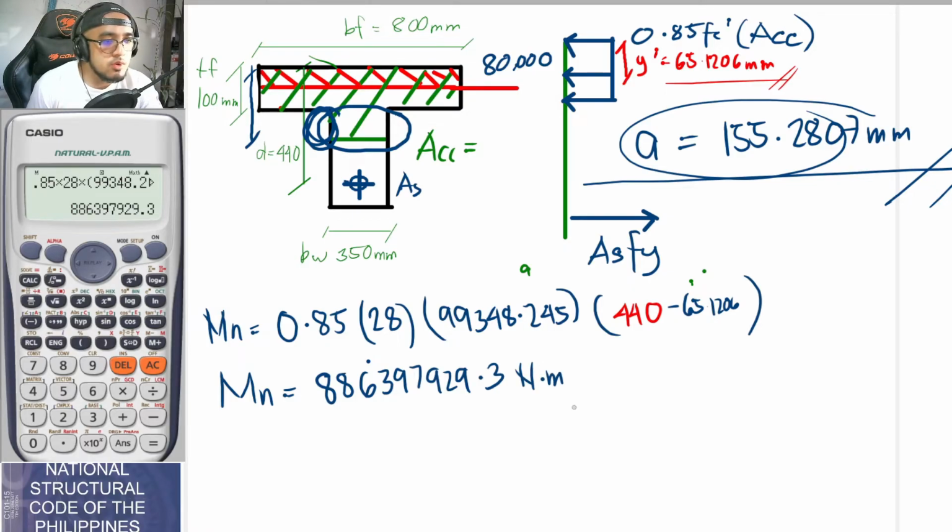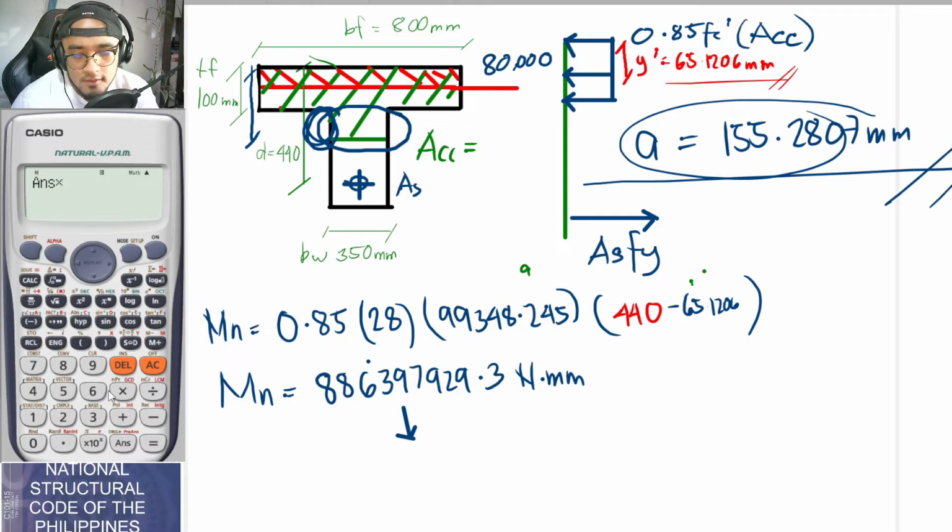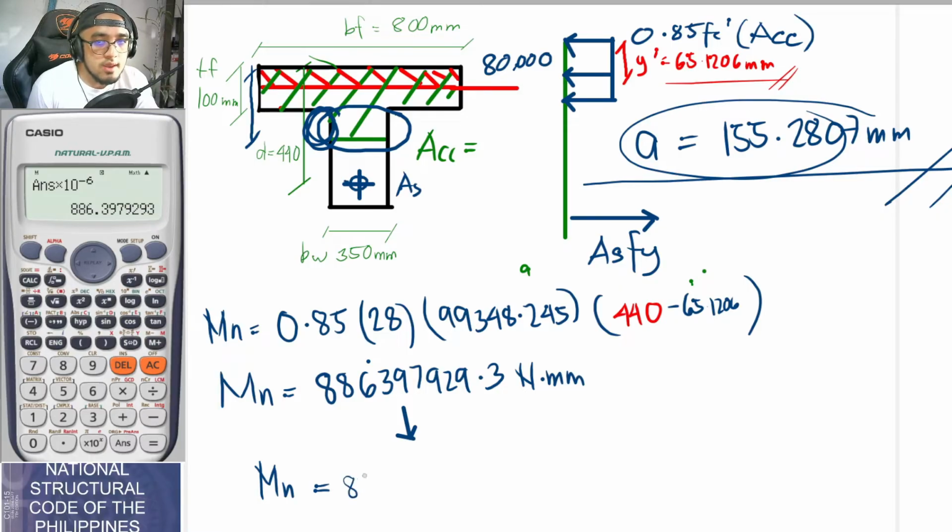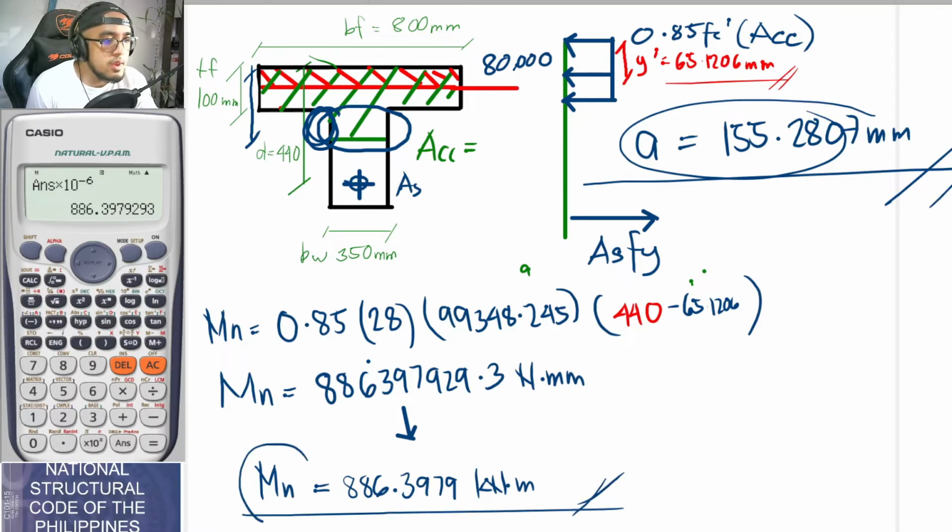So if we want to convert this into kilonewton meter, just multiply this by 10 raised to negative 6 or divide it by 10 raised to 6. So same lang sila. So with that guys, our Mn is now to be equal to 886.3979 kilonewton meter. Okay, so this is to be for our nominal moment.